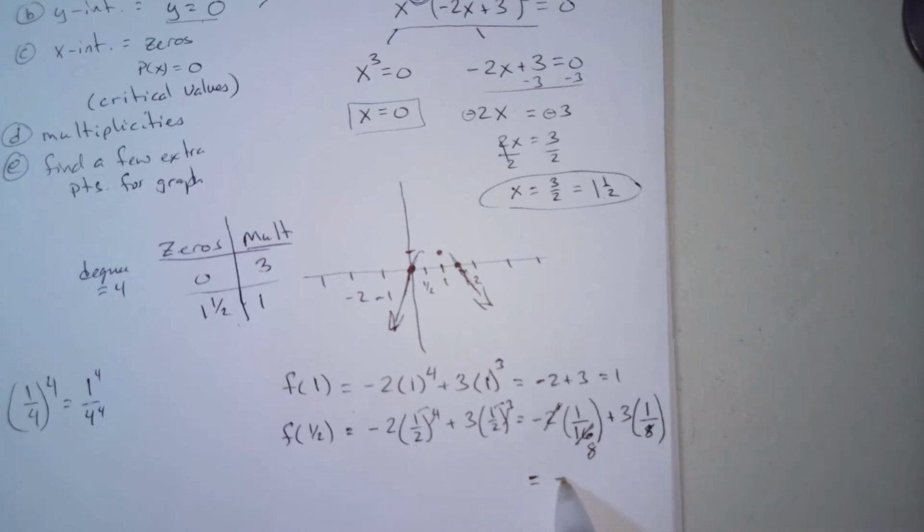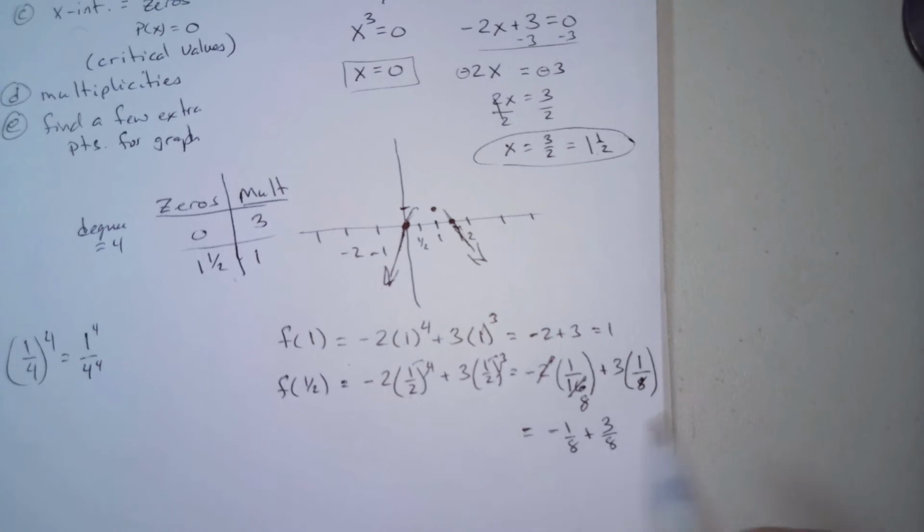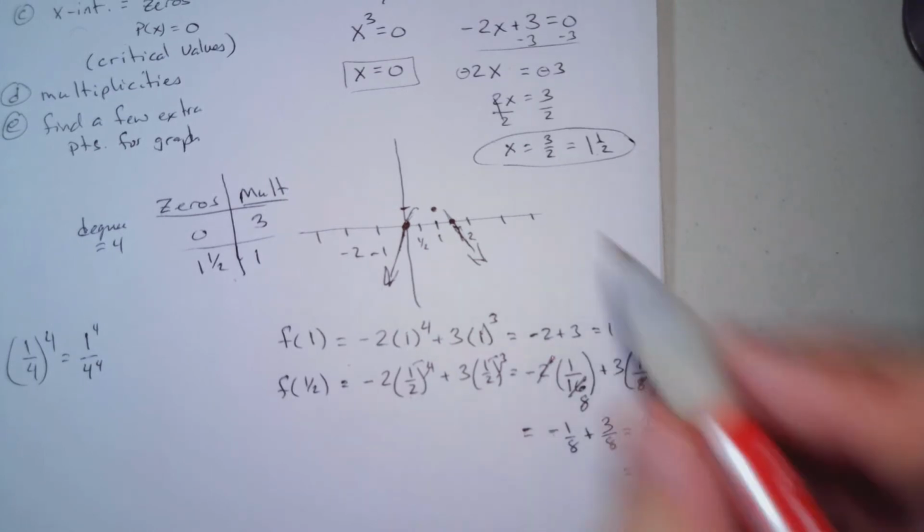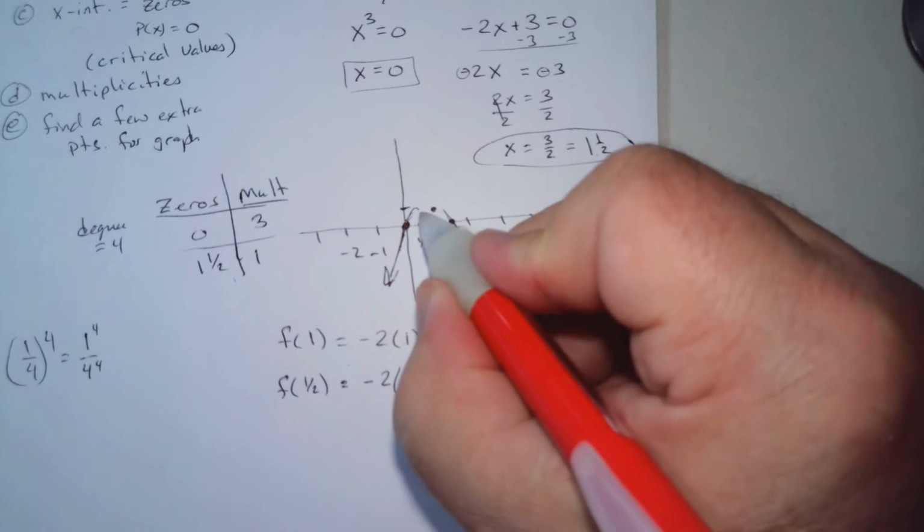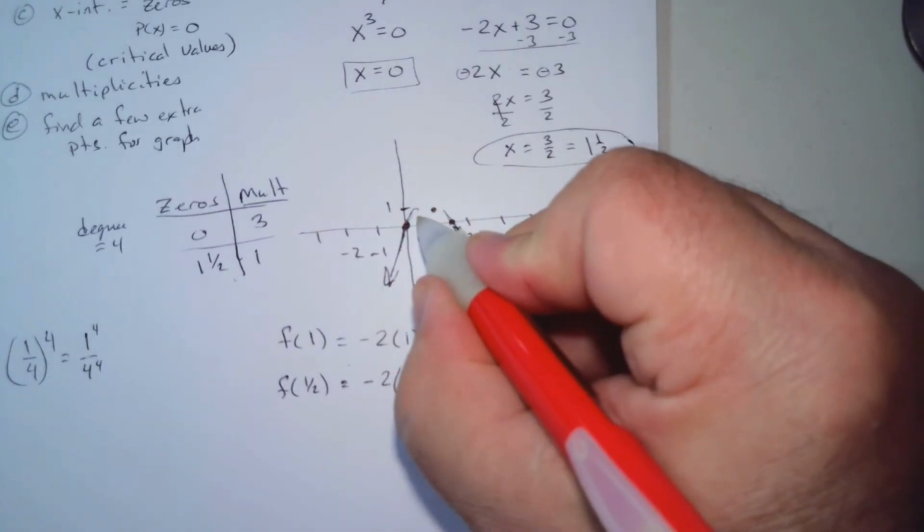So we have negative 1/8 plus 3/8 equals, since we have a common denominator, 3 minus 1 is 2. They cancel to get 1/4. So that equals 1/4.